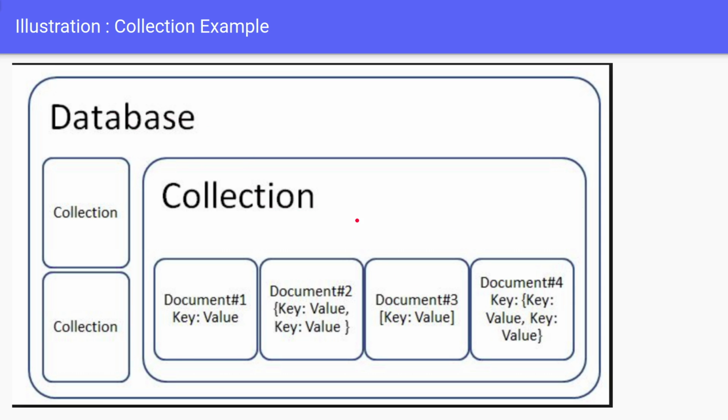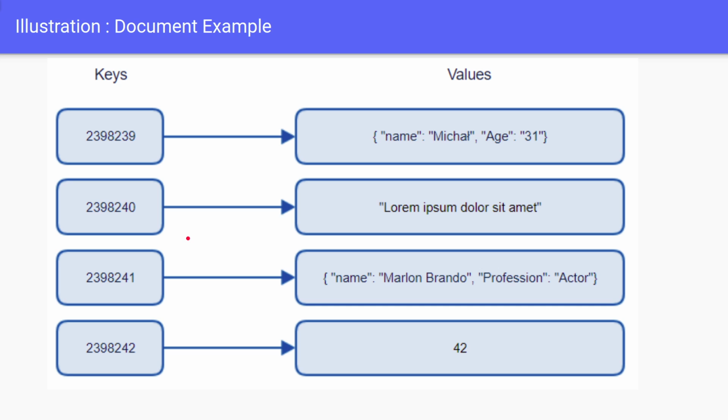It's like a table having rows, and documents are like the columns. So it's a bit unique, but we have a collection of documents. We're going to see the syntax. It has a key and value, because it's like JSON.